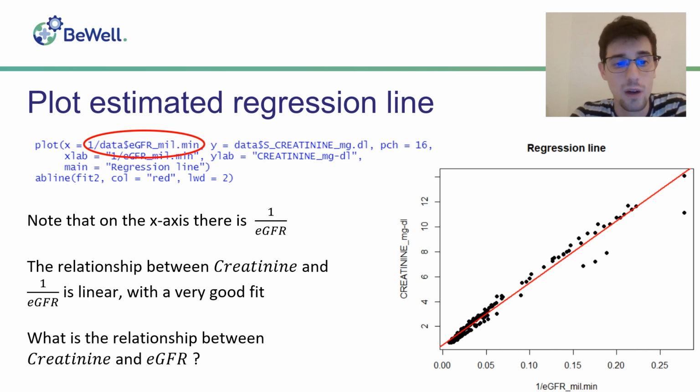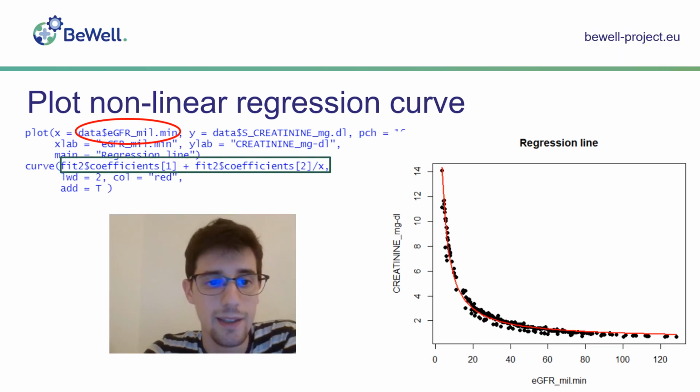And what if we would like to show also the non-linear relationship between creatinine and eGFR? In this case, we can plot the data just as we did before, setting eGFR on the x-axis.